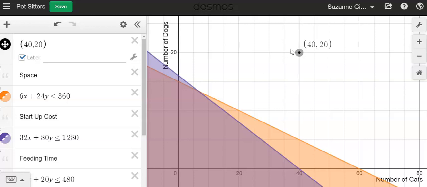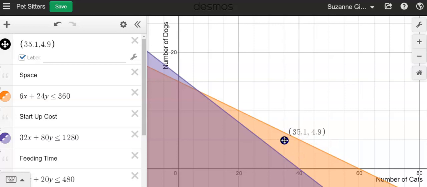So if we're looking at points, and X represents the number of cats and Y represents the number of dogs, let's just start off with the space. The points in this peachish, orangish region would be the number of cats and dogs.